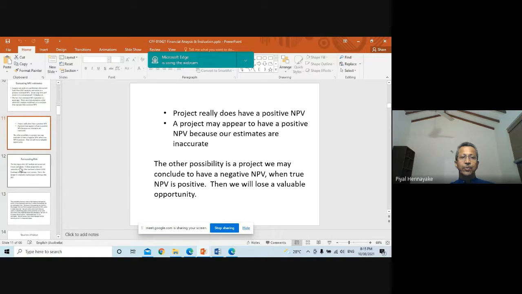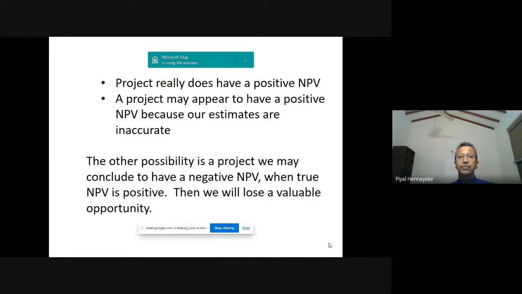A project really does have positive NPV, or a project may appear to have positive NPV because our estimates are inaccurate. So those are the two areas NPV can be positive. Similarly, NPV can be negative because the NPV is really negative, or because our assumptions are wrong.